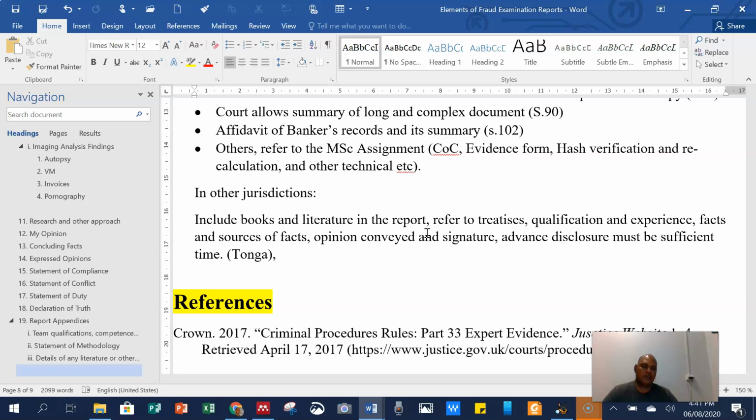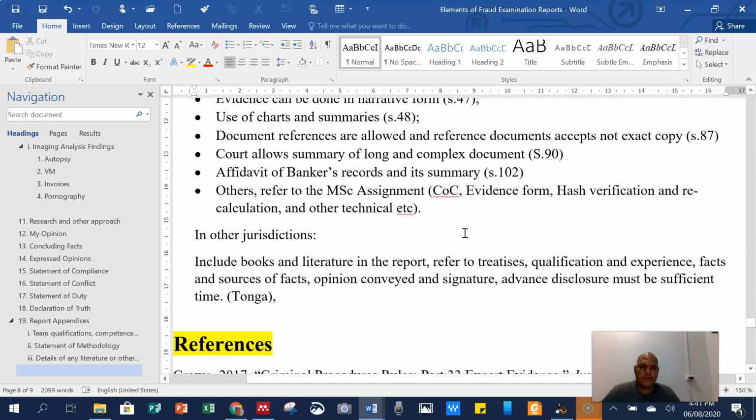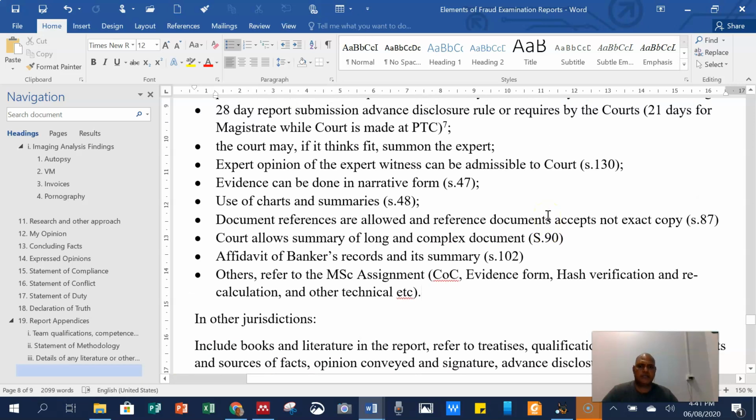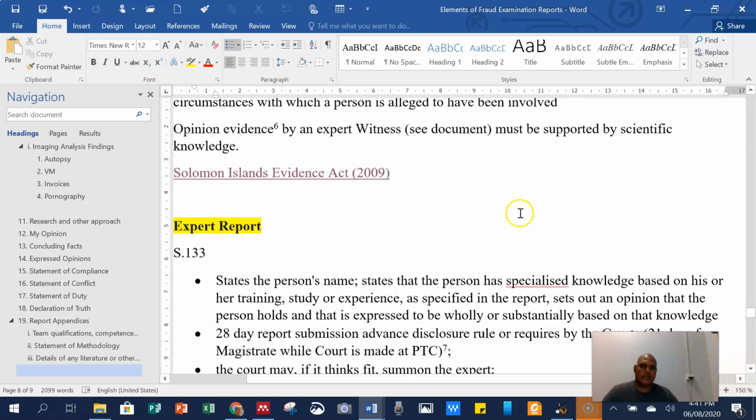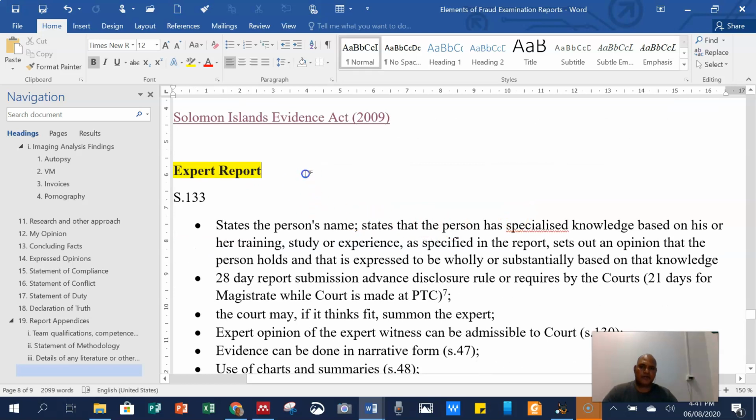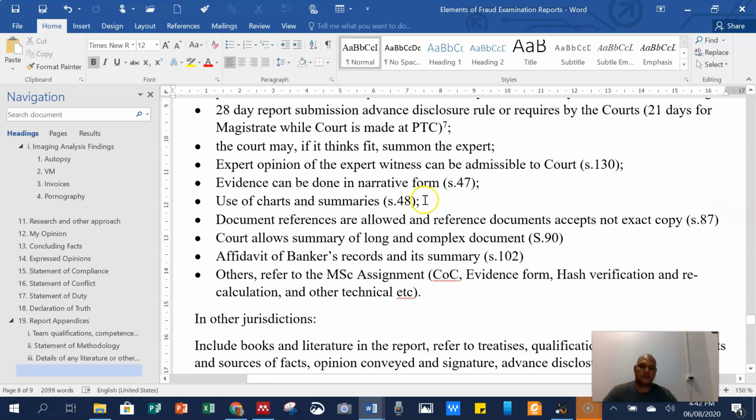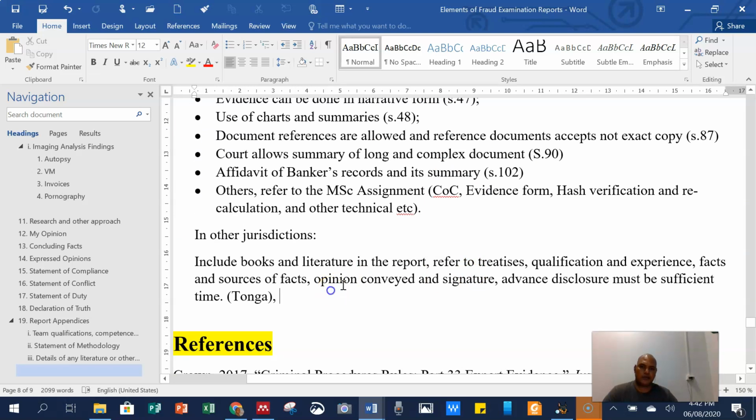Put your signature as part of the expert witness report, and also be sufficient in terms of your advance disclosure. So it's kind of equally the same in terms of the implementation. So this is what an expert report means in terms of what the court requires.